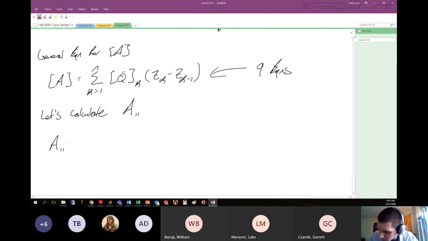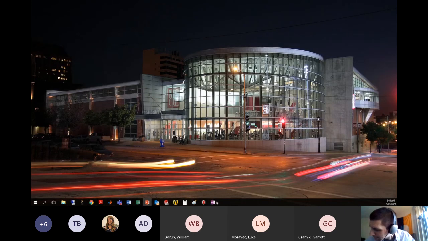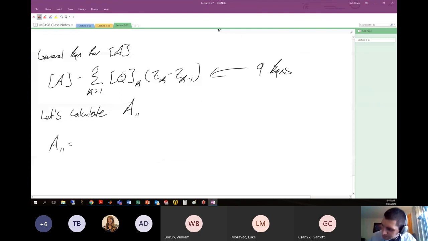So here A11 is the summation from K equals 1 to N. We're going to have 4 pieces of this summation for the 4 different layers that we have. So let's look at what this would be for layer number 1. For layer number 1, Q bar K is the entry Q11 for Q with theta equals 0 degrees.